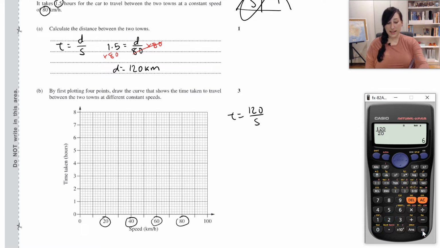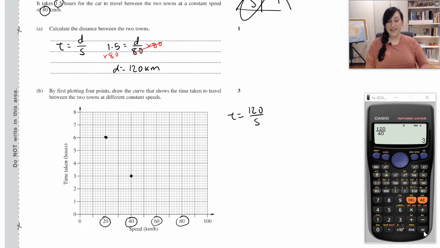So at 20 kilometers per hour, it takes 6 hours, so we'll plot a point at 20, 6. Next, when we have a speed of 40, the time will be 120 divided by 40, which is 3. So when we go 40 kilometers per hour, it'll take 3 hours. And we'll plot that point as well.